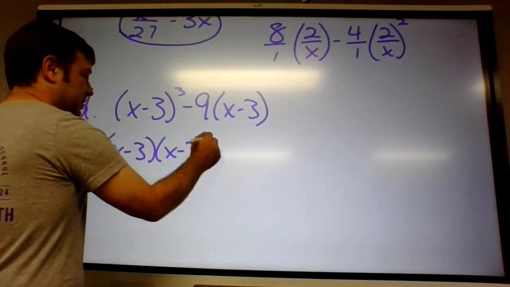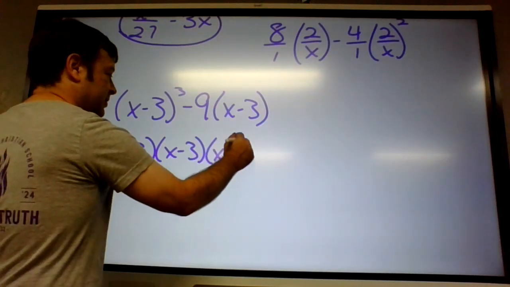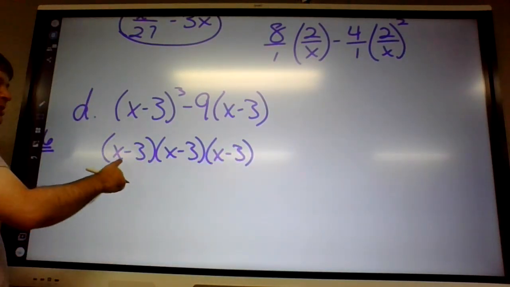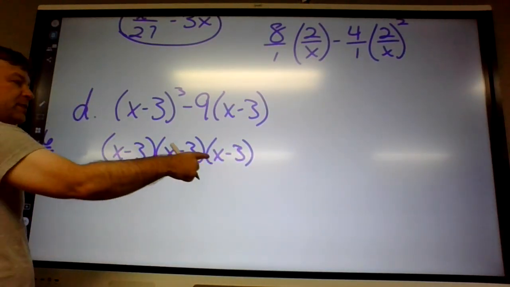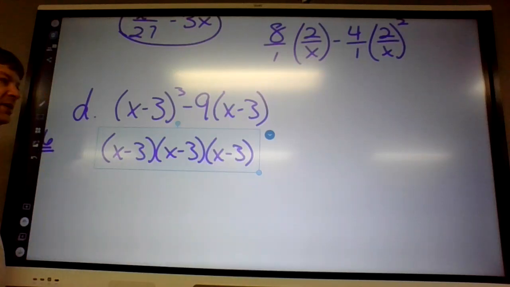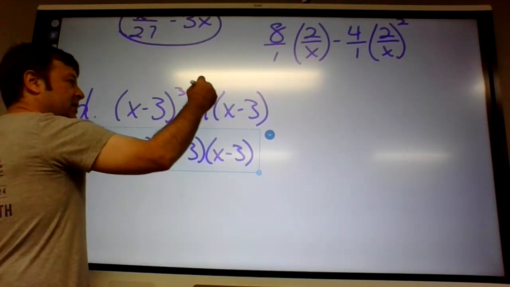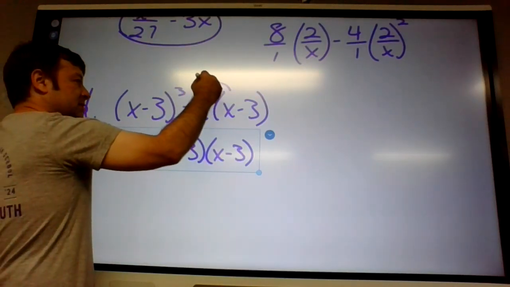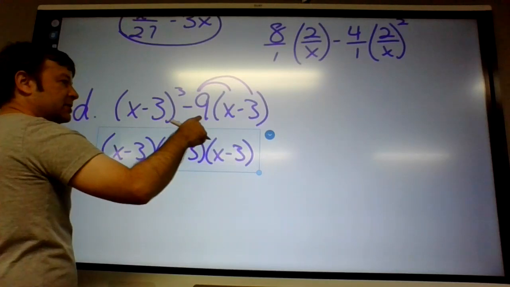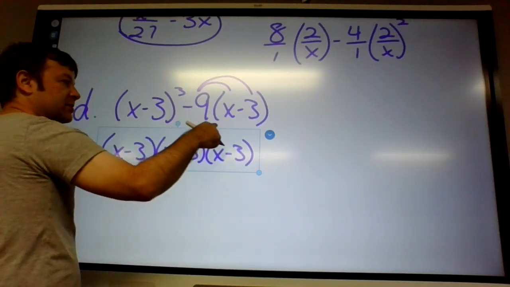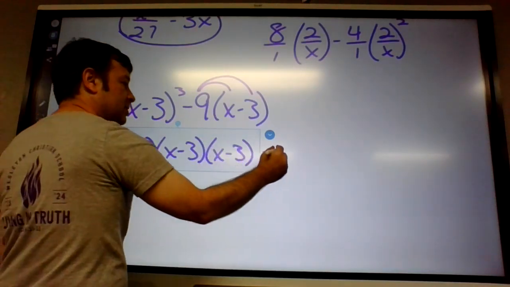Yes. It's a FOIL followed by another x minus 3. You'd have to FOIL 2 of these and then multiply that by another x minus 3. This is just a distribute, so this will just be minus 9x plus 27.